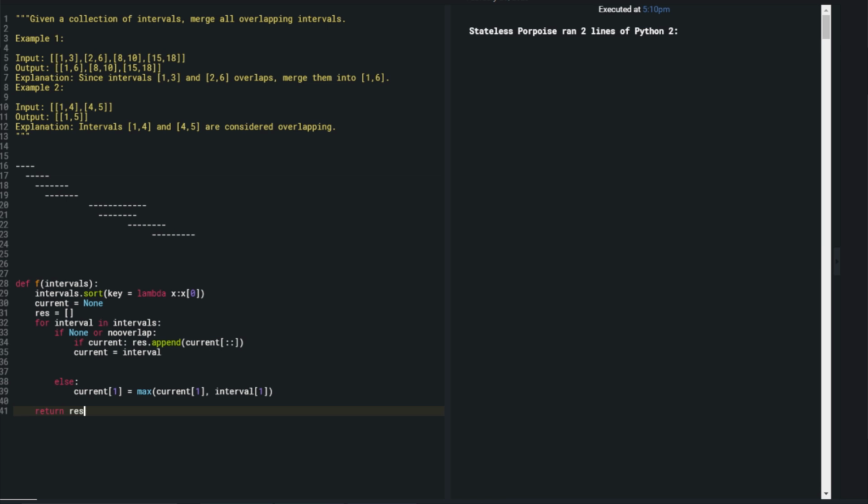Right. So one thing I noticed immediately is you have the statement on line 33, which I'm assuming is if current is none, right? Then immediately within that branch, you check if current. So those are mutually exclusive, right?